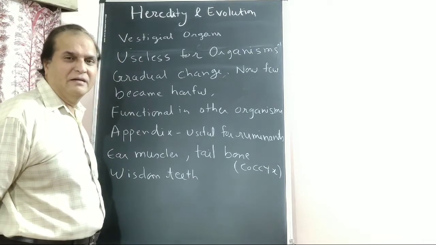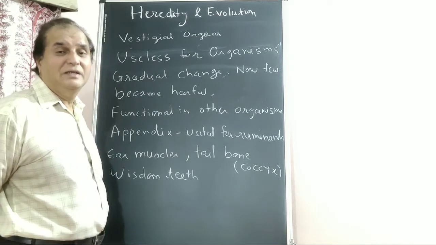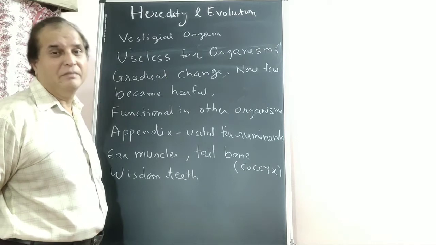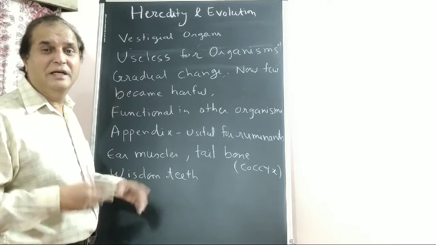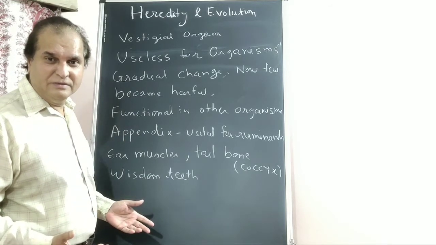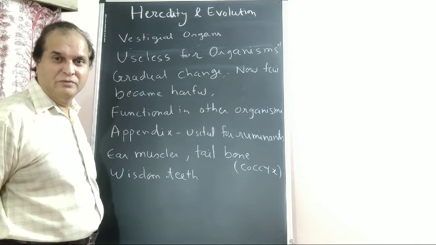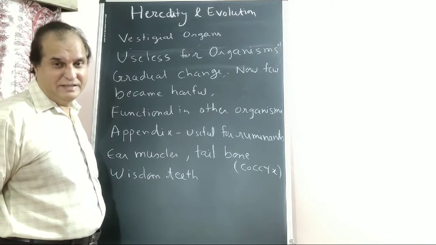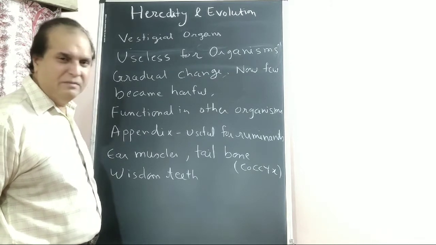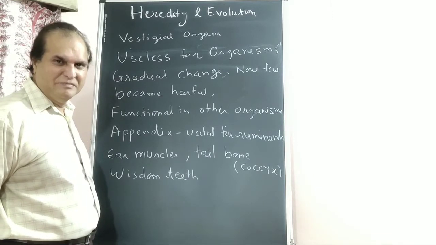So many things are there, in different parts, but once they were in use. Now gradually they have weakened because we didn't use them. Understood? This is one of the proofs, vestigial organs. Evidence. A short note may come. You have to write all the answers in detail. We'll go ahead.